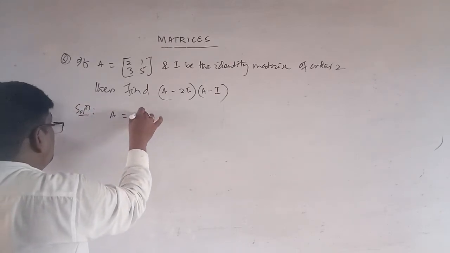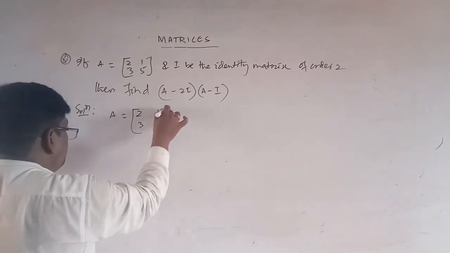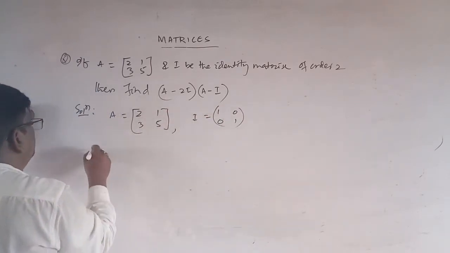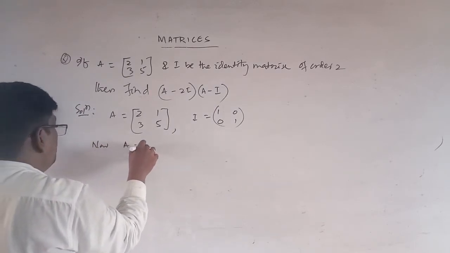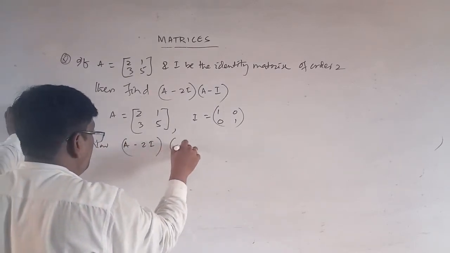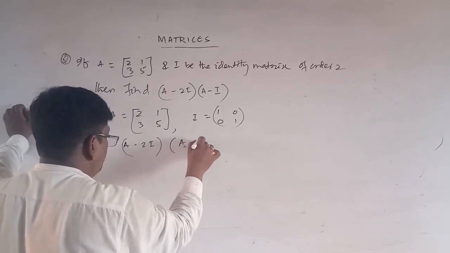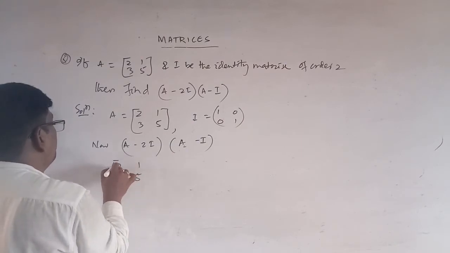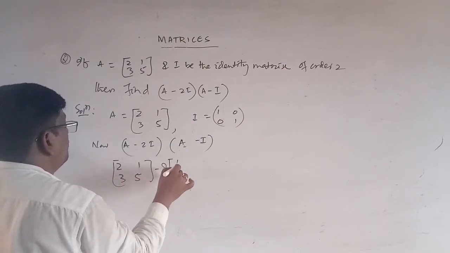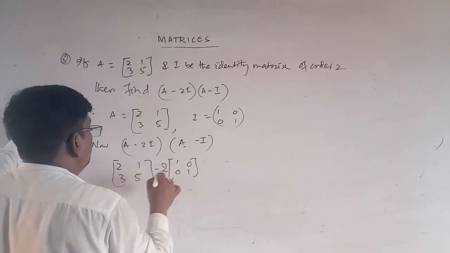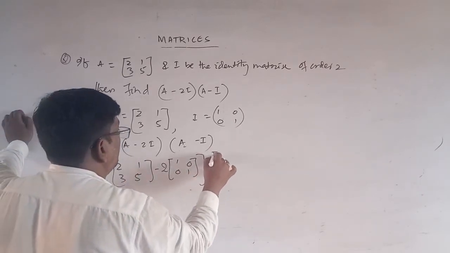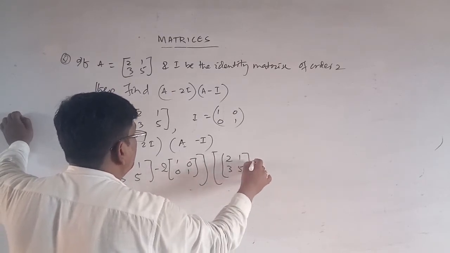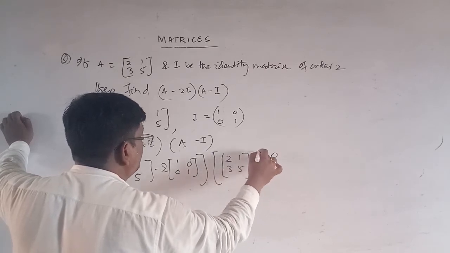A is equal to 2, 1, 3, 5 and I is equal to 1, 0, 0, 1. Now A minus 2I into A minus I. What is A here? 2, 1, 3, 5 minus 2 into 1, 0, 0, 1, into 2, 1, 3, 5 minus 1, 0, 0, 1.